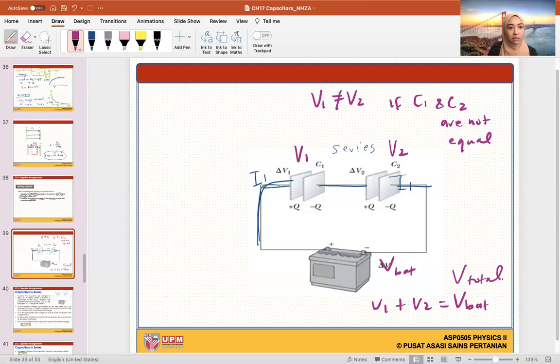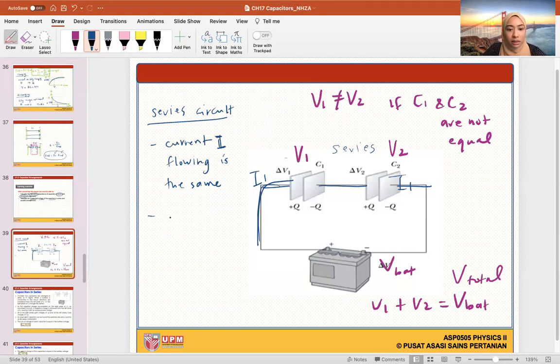So let me repeat myself. For a series circuit, I or current flowing is the same. Okay, we have seen this. C1 jumpa I1, C2 also meets I1 or just I. Okay, I1 is just a name.